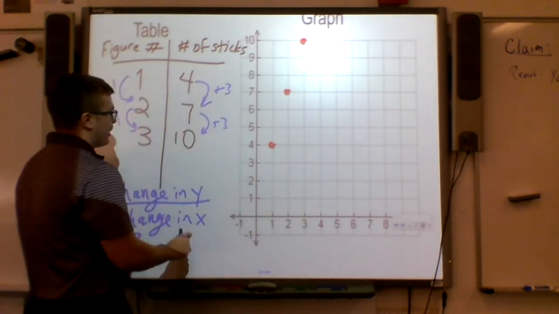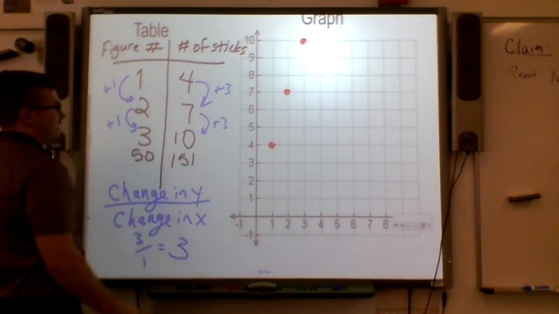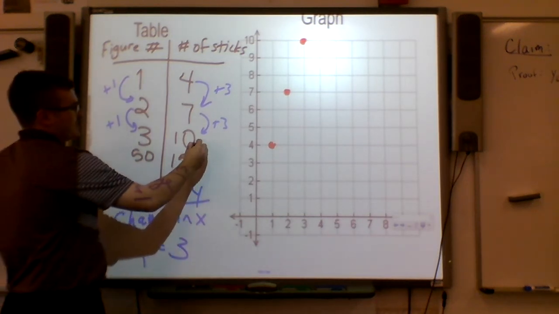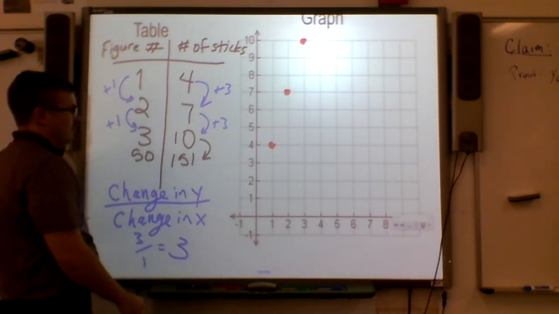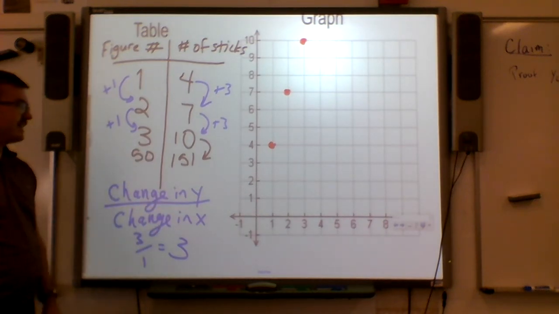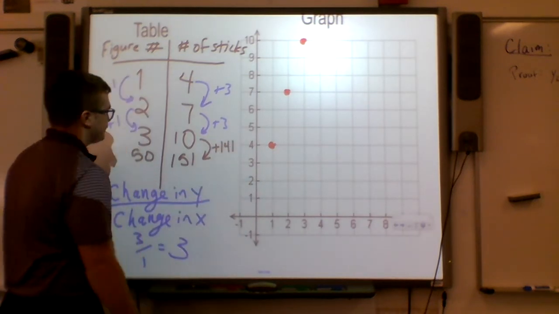The next one we talked about was in figure 50, there were 151. This one's a tough one. From 10 to 151, to get there, we have to add 141.